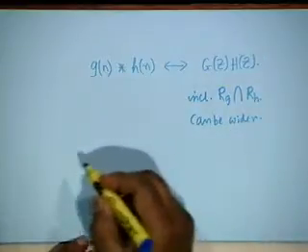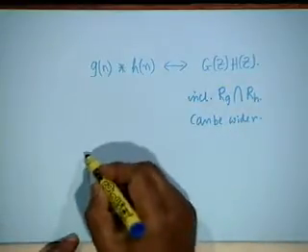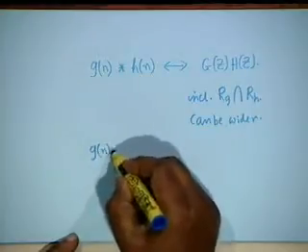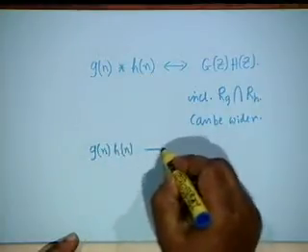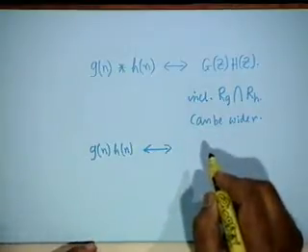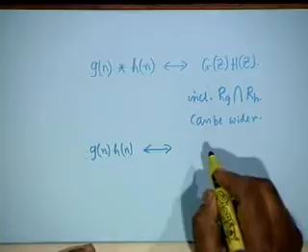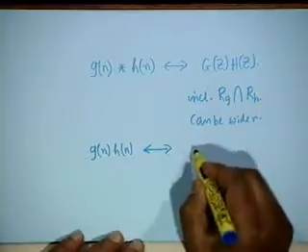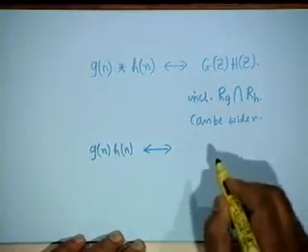And finally, the modulation property, that is, if you multiply g of n by h of n, the corresponding Z transform is a contour integral, and it is a convolution in the Z domain.